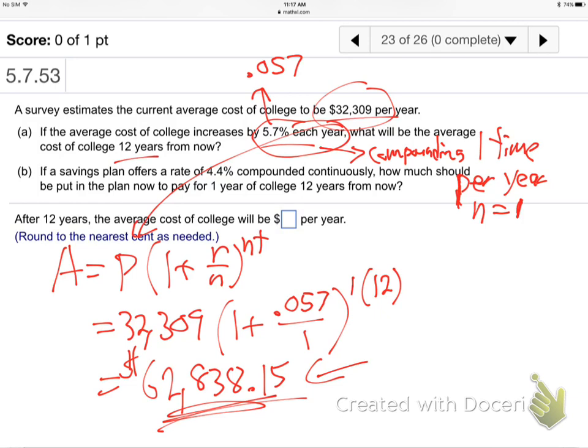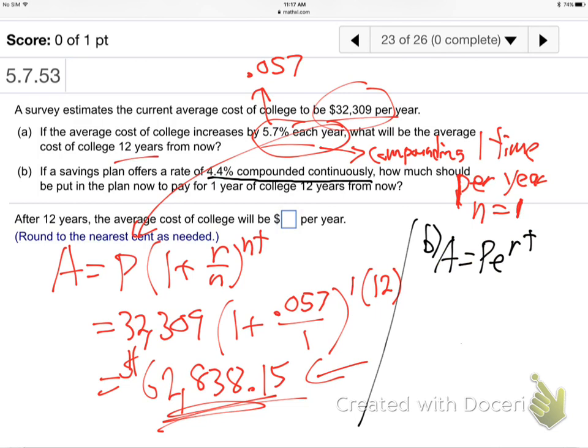So they're saying, you're going to do this savings plan thing. We'll do part B over here. 4.4% compounded continuously, so that's the PERT formula. I'm going to use the PERT formula. And they're asking, how much should be put in the bank? What's P?